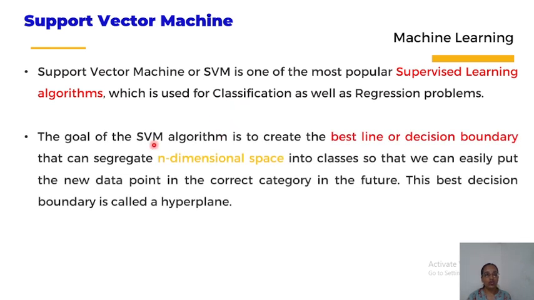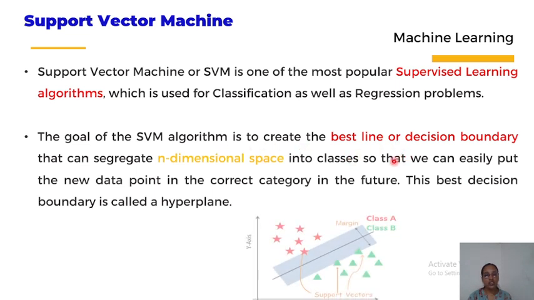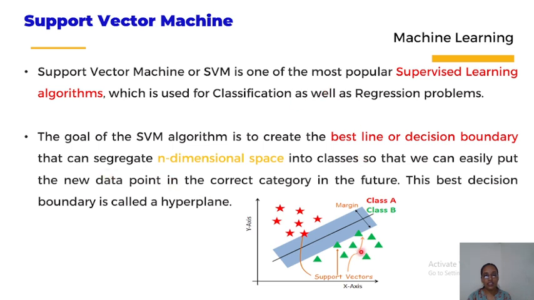The goal of SVM algorithm is to create the best line or the decision boundary that can segregate the n-dimensional space into classes so that we can easily put the new data point in the correct category in the future. And this best decision boundary is called a hyperplane. Here in this diagram you can see the goal of SVM is to create this best fit line, or we can say the decision boundary, which segregates the points into the different classes.